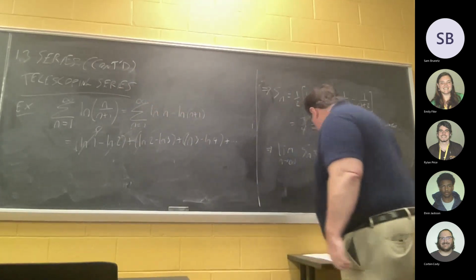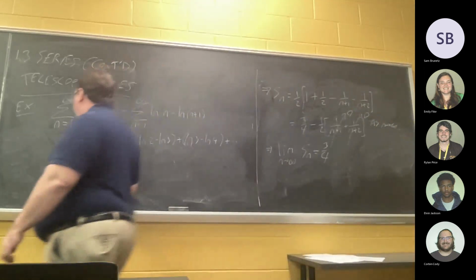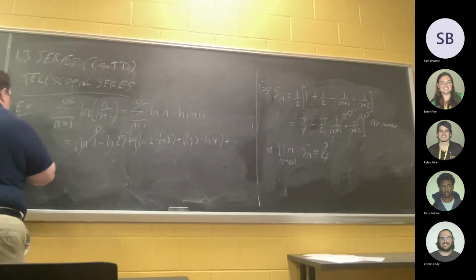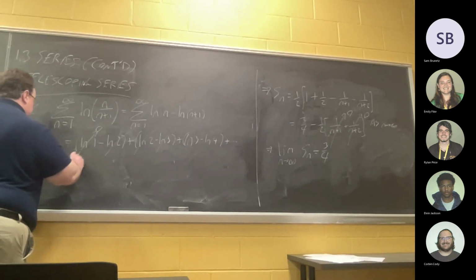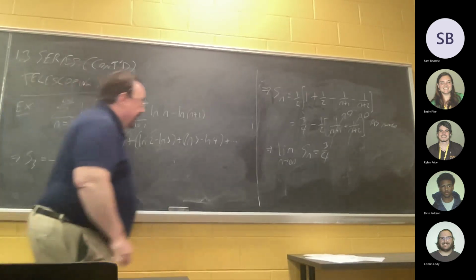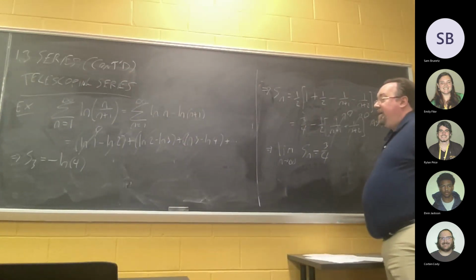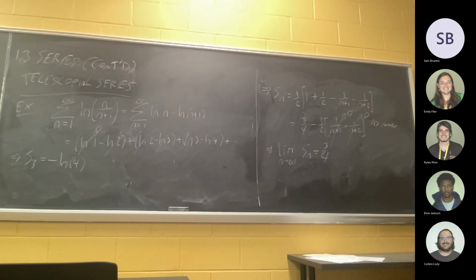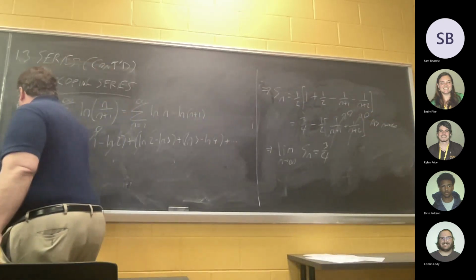So what we see is that the third partial sum, S3, turns out to be the only thing here that didn't cancel. That's minus natural log of 4. If you were to write out additional terms and see what the partial sums turn out to be, can anyone tell me?